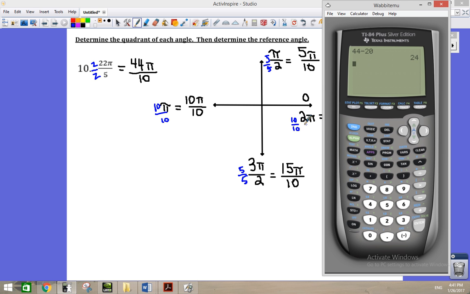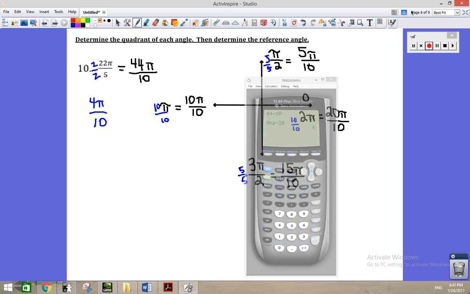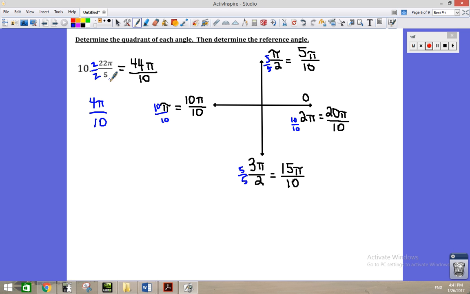That's still bigger than 20. So I take away another revolution, and I get 4. So I know that 4 pi over 10 is coterminal to this 22 pi over 5. The terminal side of these angles lie in the same quadrant. 4 pi over 10 is bigger than 0 but smaller than 5 pi over 10. I am in quadrant 1.